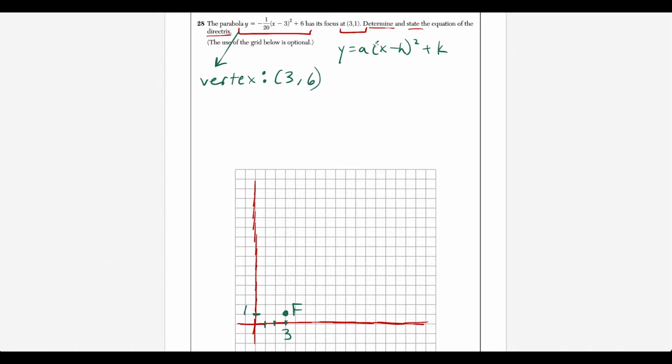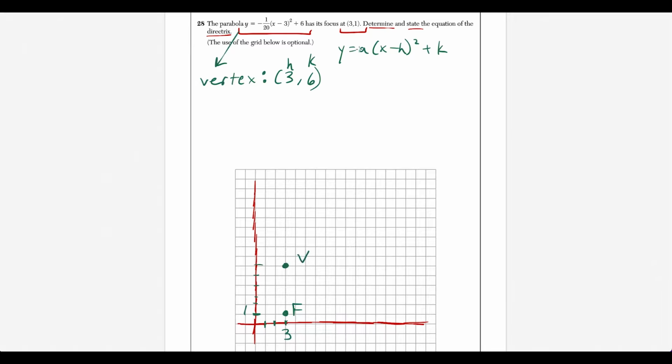And notice because we have x minus h, this represents our h and our k value of our vertex. So the h value is always opposite. So x minus 3, our x coordinate of our vertex is going to be positive 3. And then k is going to be equal to 6. So now I go over to the graph and we're up 1, 2, 3, 4, 5, 6. So that brings us over here. And this is the location of our vertex.